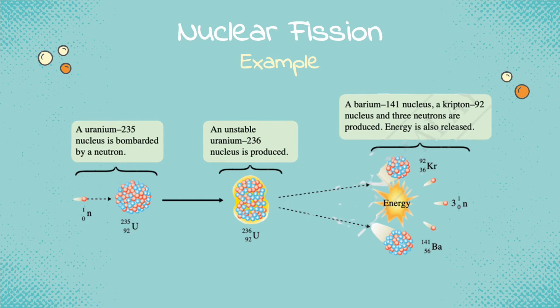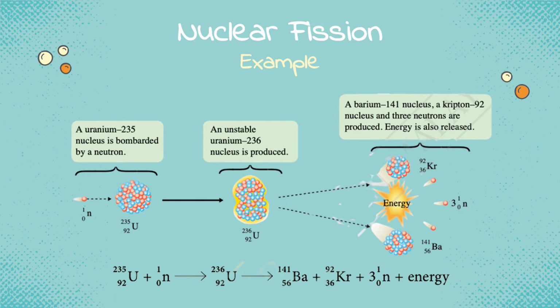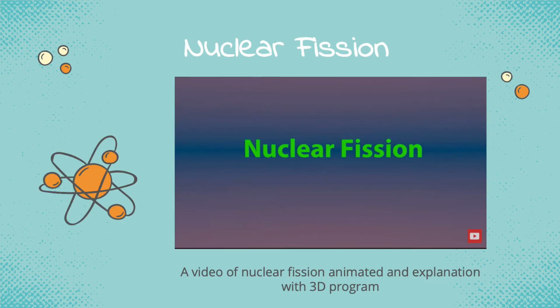Thus, a barium-141 nucleus, a krypton-92 nucleus, and 3 neutrons are produced. In addition, energy is also released. There is an equation below. Can you imagine how it works? Let me show you a video to help you understand better about nuclear fission.